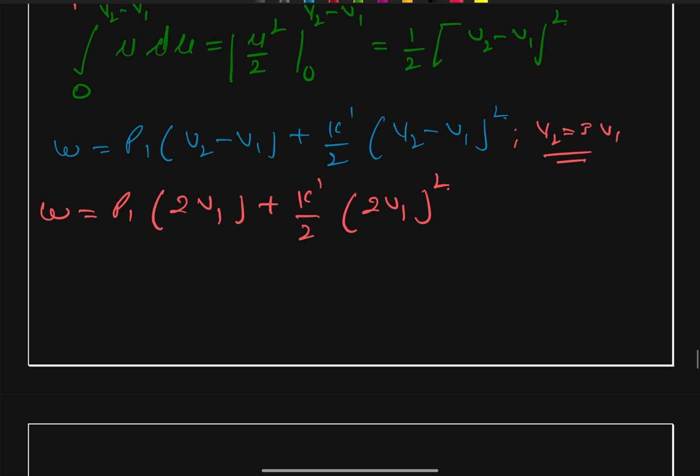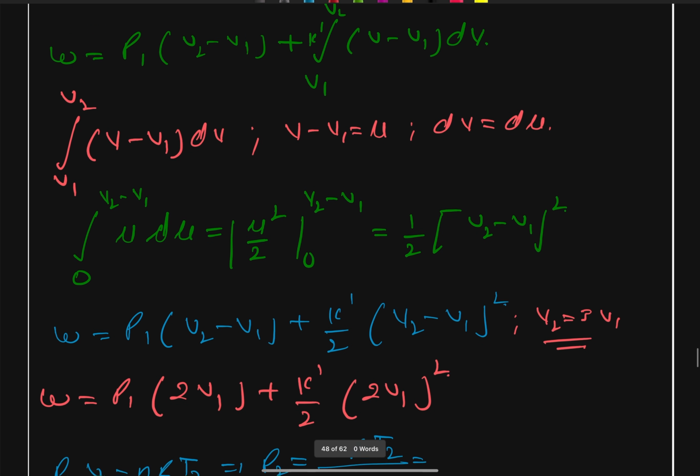We know that P2 V2 is equal to NR T2. Therefore we can say P2 is equal to NR T2 upon V2.